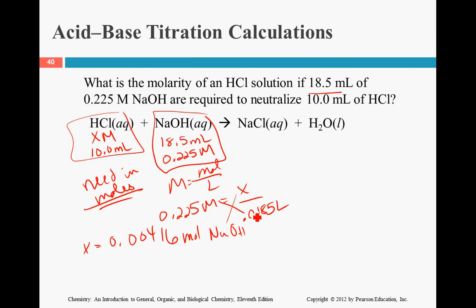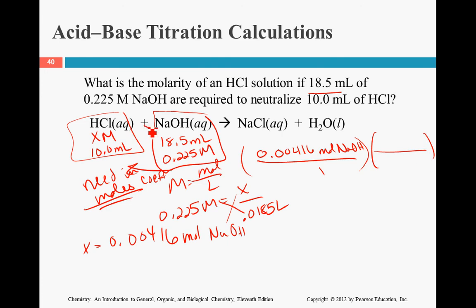From here, we can go from moles of one to moles of the other using the coefficients. So 0.00416 moles NaOH over 1. Coefficient of NaOH is 1, so 1 mole NaOH.